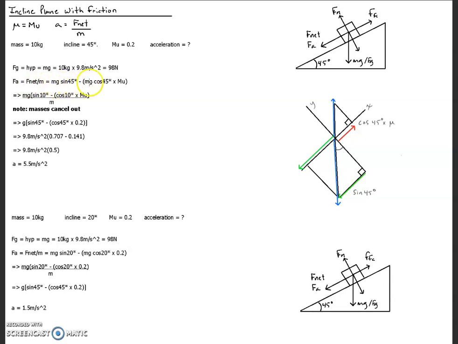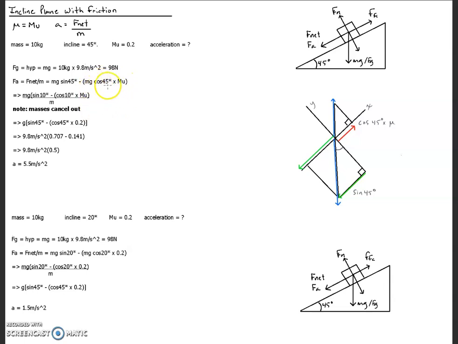So now what's changing here is the friction is affecting the rate of acceleration by the cosine. So we have mass times gravity, mg sine 45, minus mg times the cos of 45 times mu. So the mu is what's affecting us here.